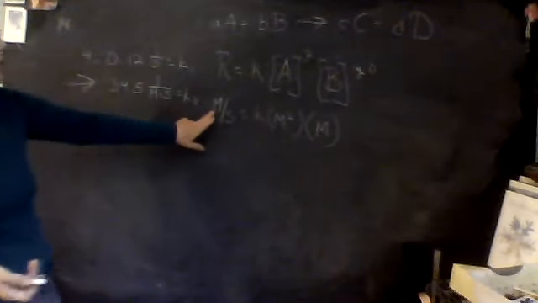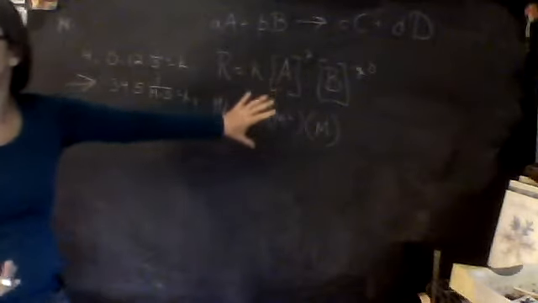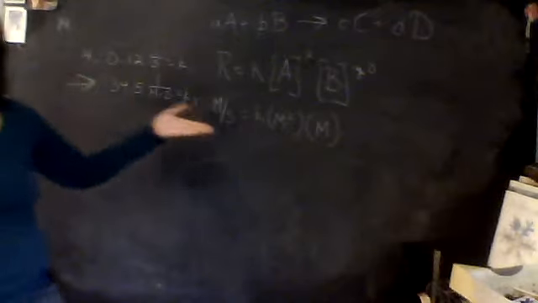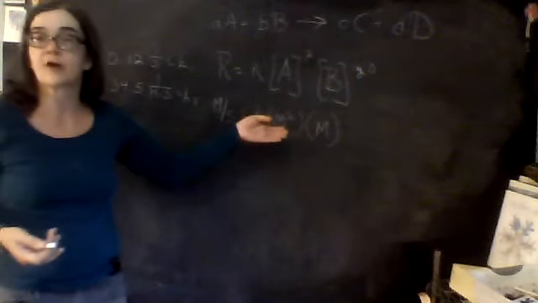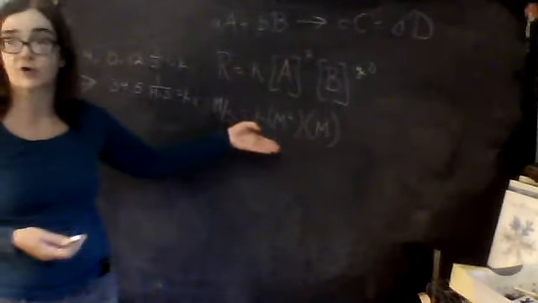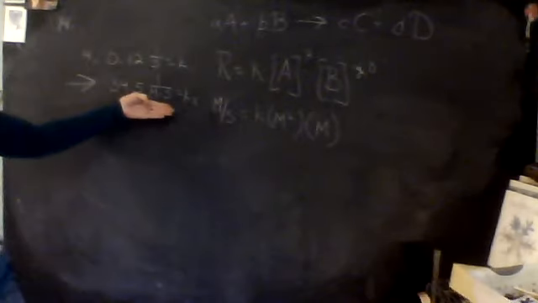How about the second one? Because this is in terms of molarity, they're going to cancel each other out. However many molarities I have on this side, there's one left over. There's one more than this side, which means it's molarity times molarity, or molarity squared, giving me a molarity here. So that tells me that this is a higher order, because of these k units. So that's the first statement.